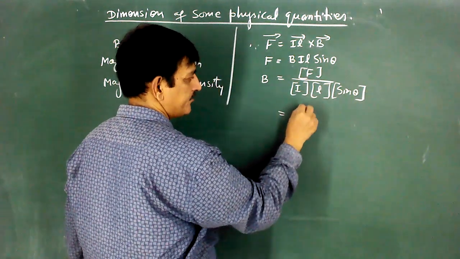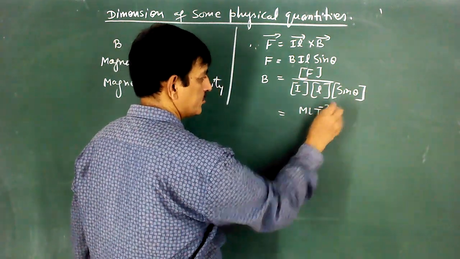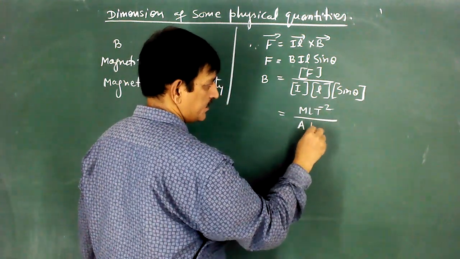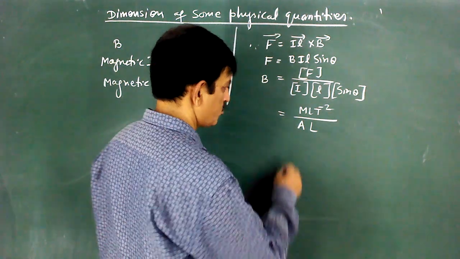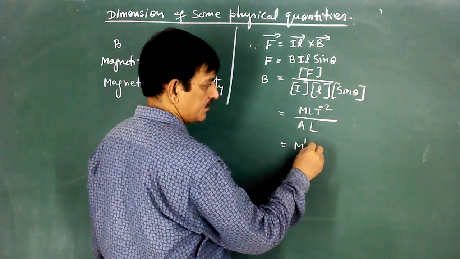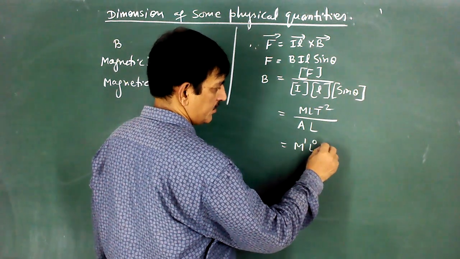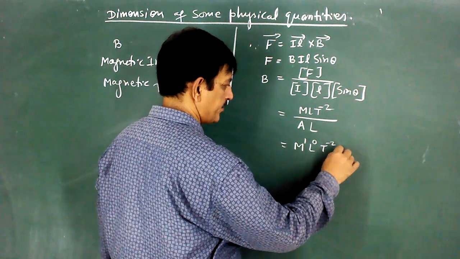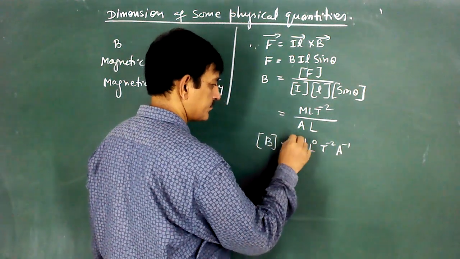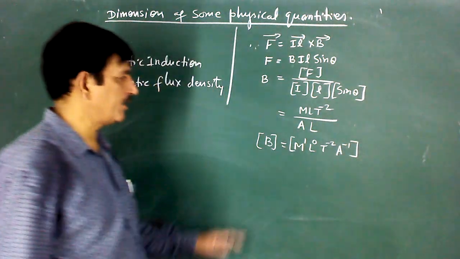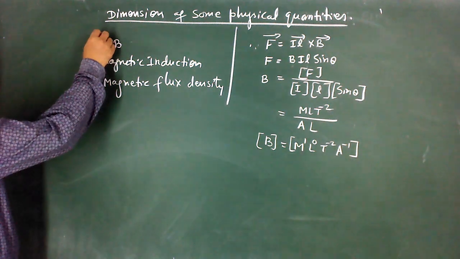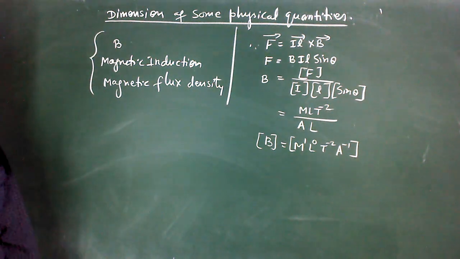Since the dimension of F is M L T minus 2, the dimension of current is ampere, and sin theta has no dimension, L will be cancelled, so it is M1 L0 T minus 2 ampere inverse. This is the dimension of magnetic induction, also called magnetic flux density.